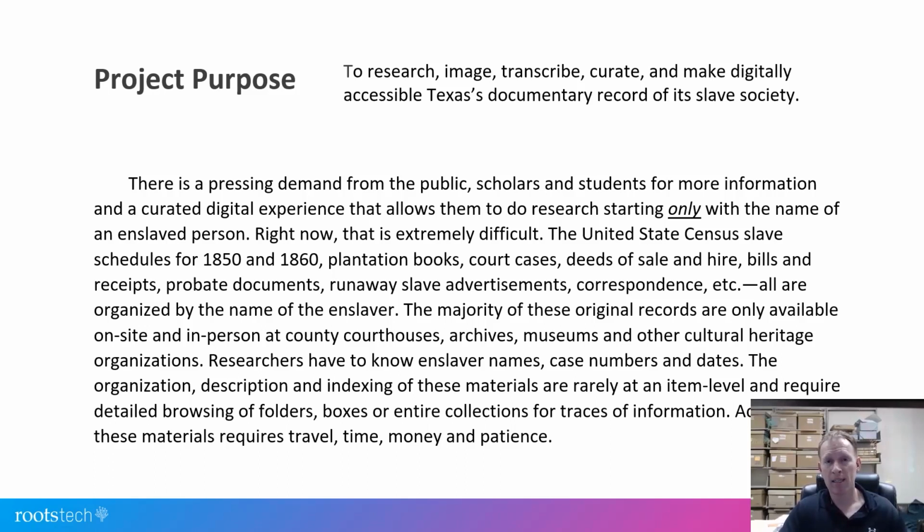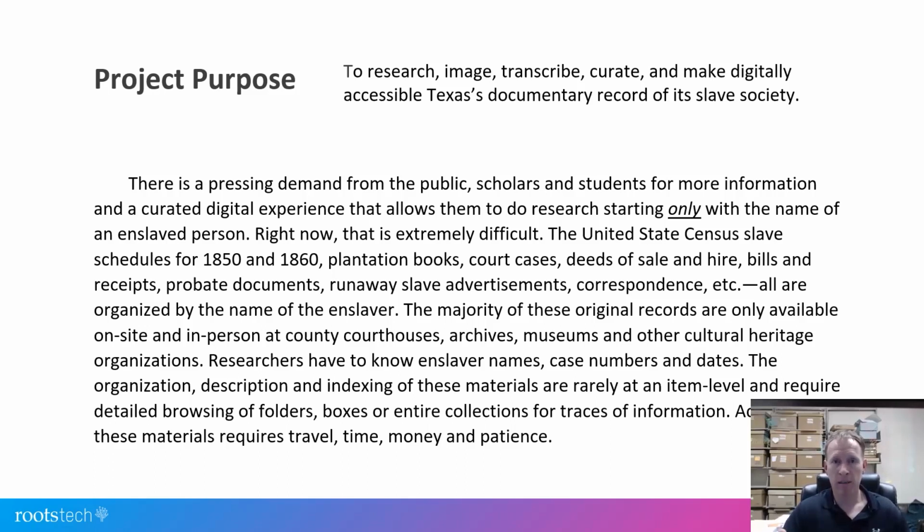And so recognizing that, I thought using the unique skills that I have as an archivist, that I could organize a project that would help people do slavery research in a way that would be easier for them to find things about their ancestors.